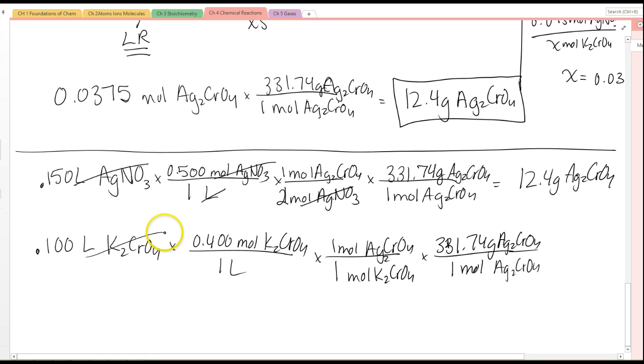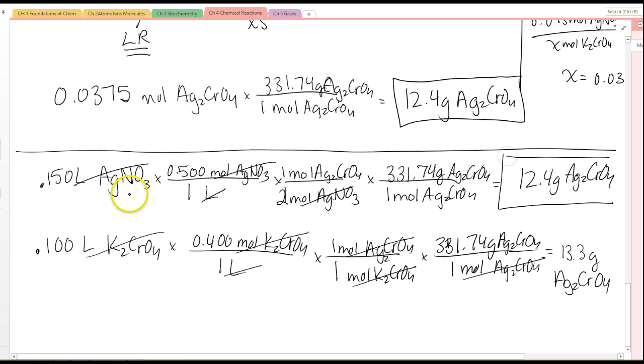And canceling my units, liters cancels liters, moles of potassium chromate cancels moles of potassium chromate, moles of silver chromate cancels moles of silver chromate, and I'm left with 13.3 grams of silver chromate. And the one that makes the least amount of product is the limiting reactant, so here is my limiting reactant. It's silver nitrate.